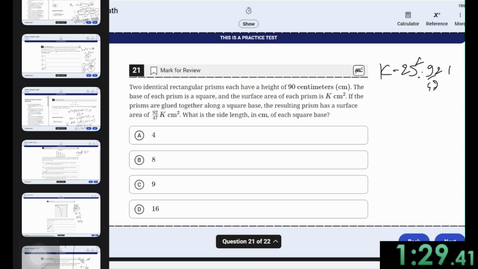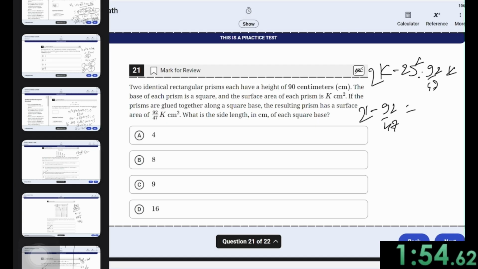Okay, so 1 minus 92 by 47 is equal to... no, I made some mistake. Both prisms will have a combined surface area of 2k. So 2k minus 2s square is equal to 92 by 47 k.